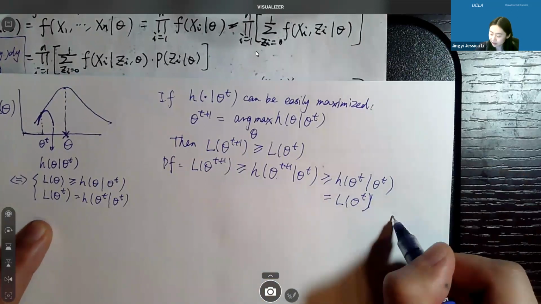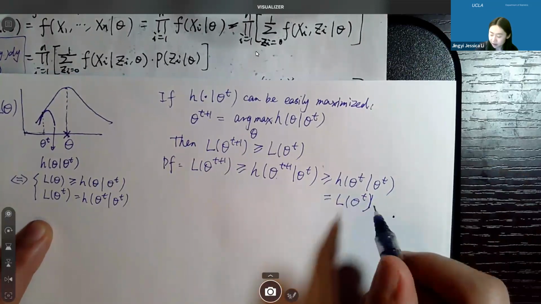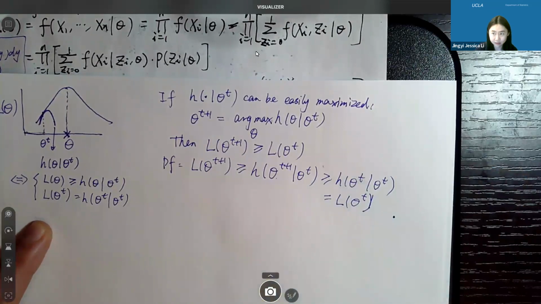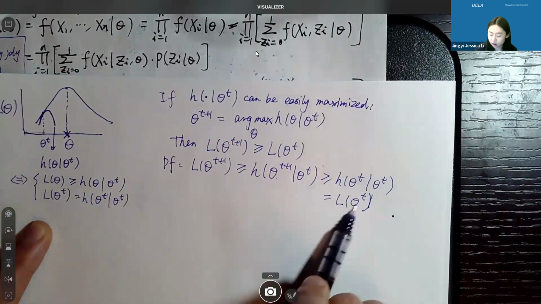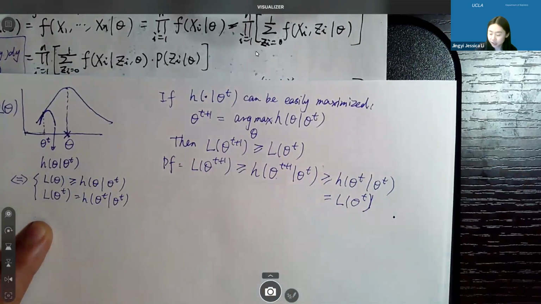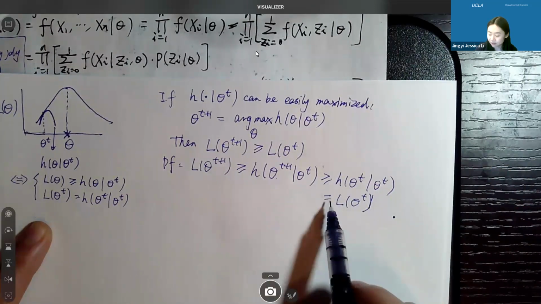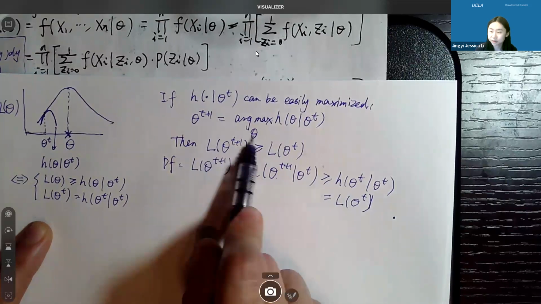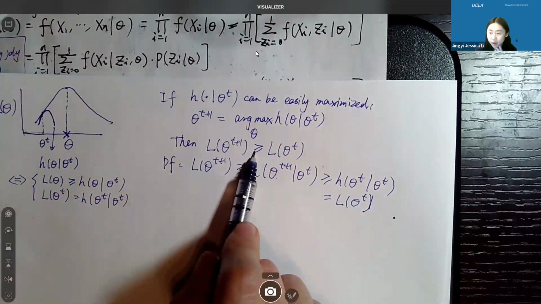So basically, without the tangency, due to the upper bound nature, the last equality would be less or equal than. Then this whole inequality would not go through. But fortunately, due to the tangency, we can have equality in the last step. So we would have this increase in L, which is what we want.